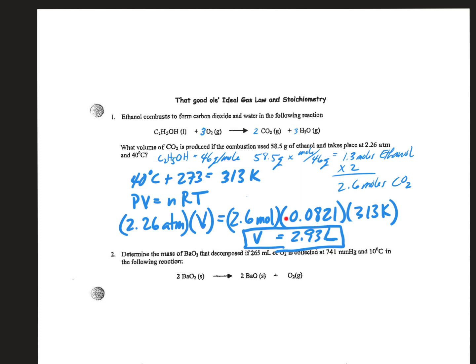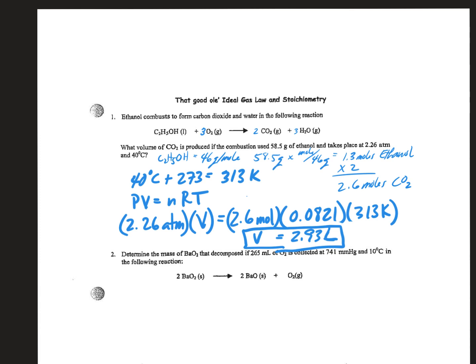We're going to use this R value. The ideal gas constant is going to be 0.0821 because this is the R value that corresponds to working with atmospheres of pressure. Okay, the rest is just algebra, and boom, we've got our volume. It's 2.93 liters. Let's try another one.